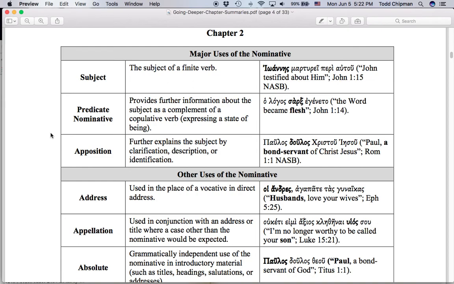Thinking then about the categories of nominatives. Nominatives are the most frequently occurring of the cases of noun, and the subject nominative is the most frequent of those, just basic. It's the subject of a verb.